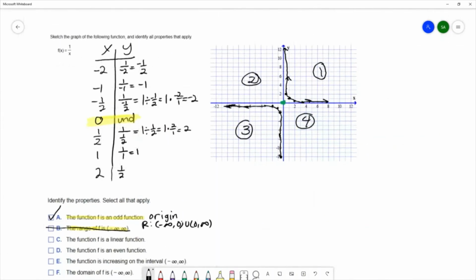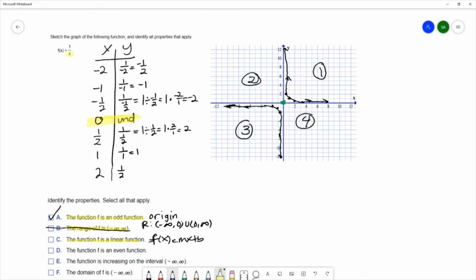The next property says the function is a linear function. And for the function to be linear, we need the function to be in the form f of x equals mx plus b. So because our variable in this function is in the denominator, that makes it a rational function instead of a linear function.